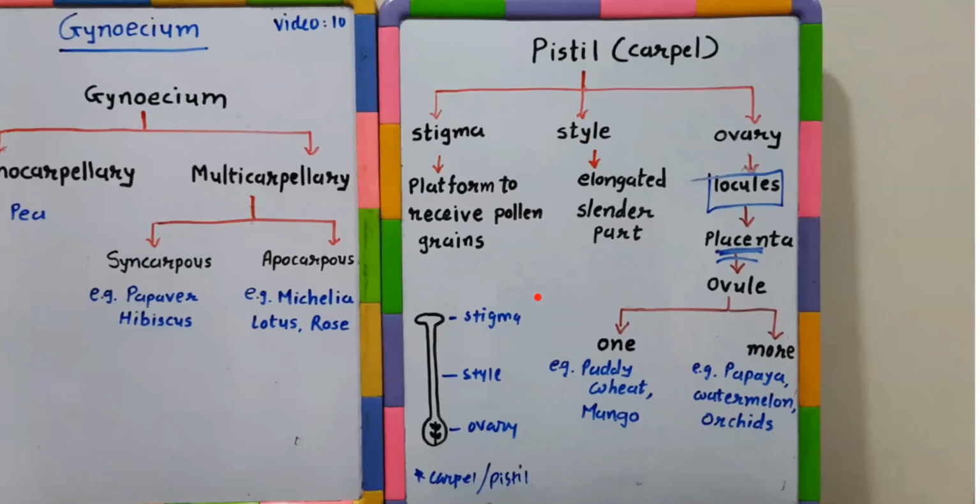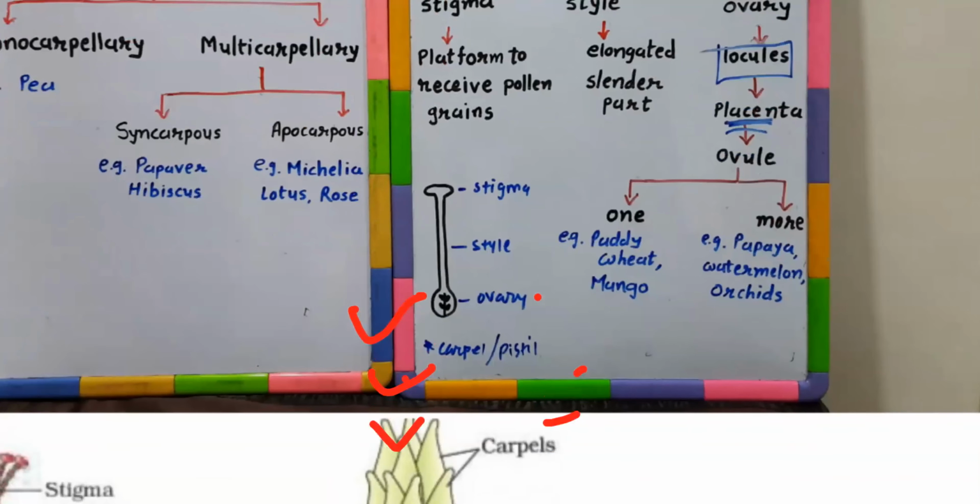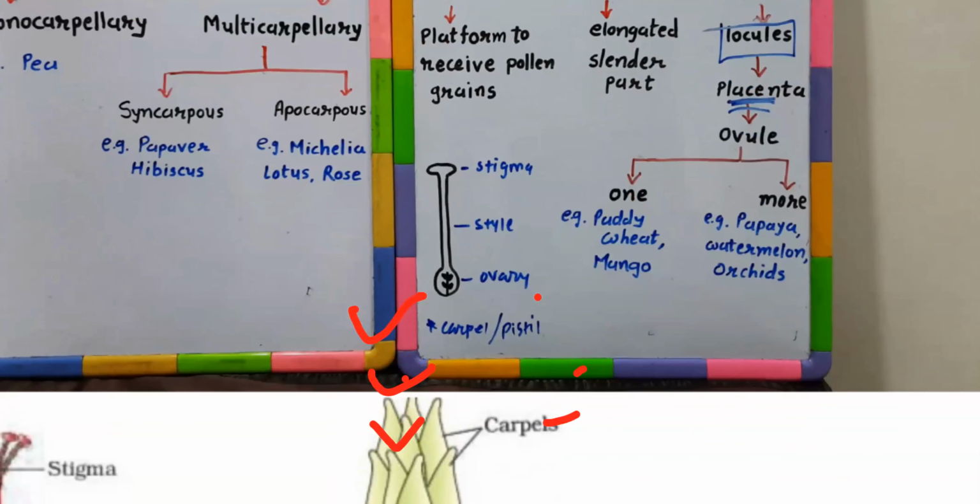If you look at the structure of a carpel, which is also identified as pistil, typically there are three parts in it: stigma, style, ovary. The proximal part of the carpel is called ovary, which is rested on the thalamus, like this.